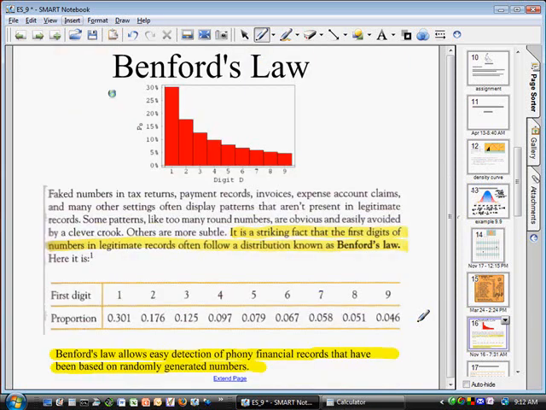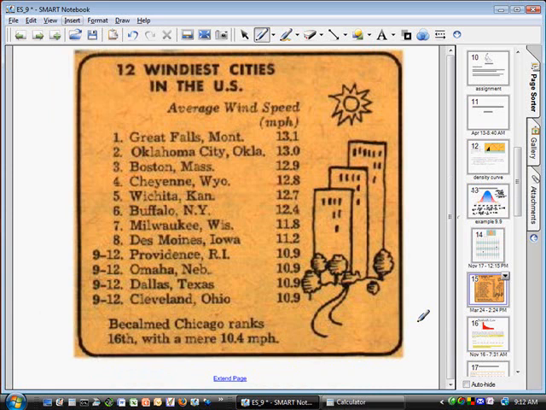Now, I don't quite know why I put this in there. I just thought it was an interesting, kind of weird, trivial statistic. I probably have shown you that before. They always talk about the Windy City, Chicago. It's not very well earned. They're only, what, like 16th in rank? I mean, really, we should call Great Falls the Windy City.